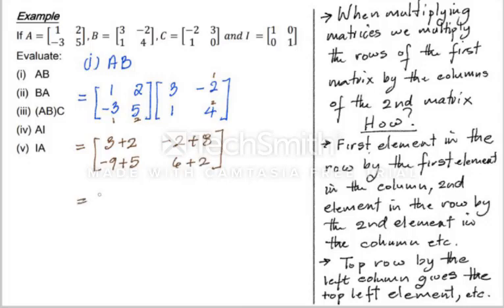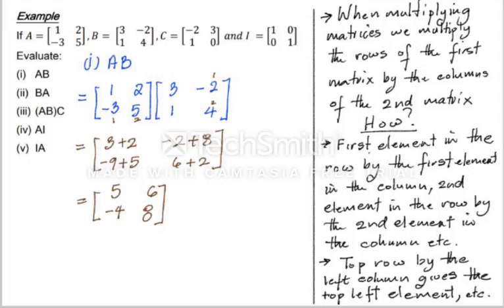Let's simplify. 3 plus 2 is 5, minus 9 plus 5 is minus 4, minus 2 plus 8 is 6, and 6 plus 20 is 26. So the matrix AB is 5, 6, minus 4, 26.